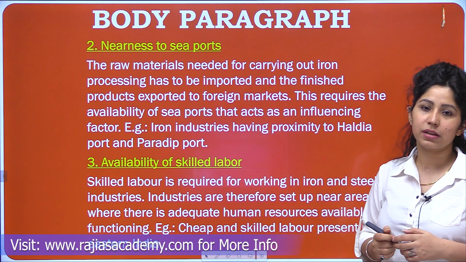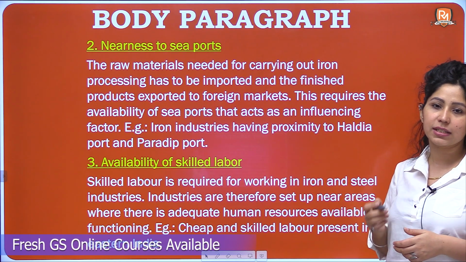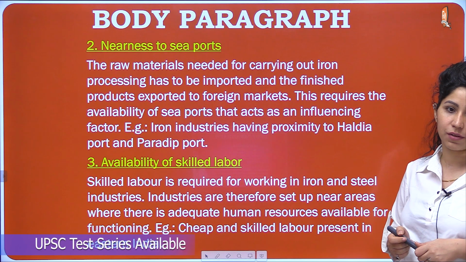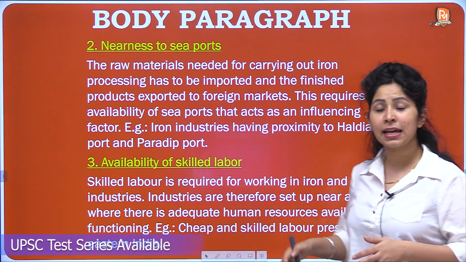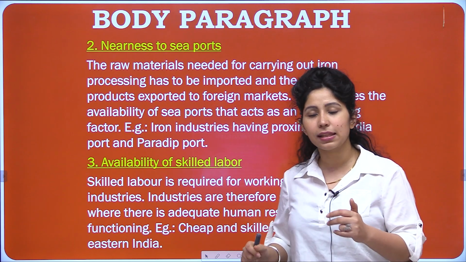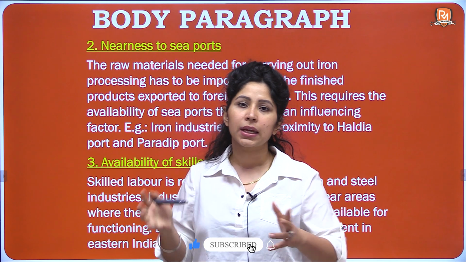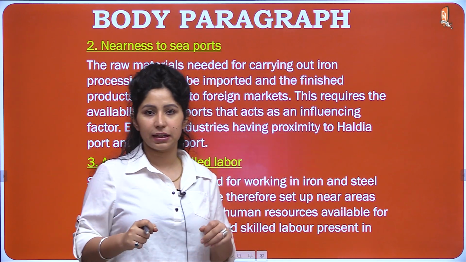Skilled labor is required for working in iron and steel industries. Industries are therefore set up near areas where there is adequate human resource available for functioning. Example, cheap and skilled labor present in eastern India. So can you see that eastern India and this Chota Nagpur area of India form the most conducive points for the setting up of iron and steel industries.